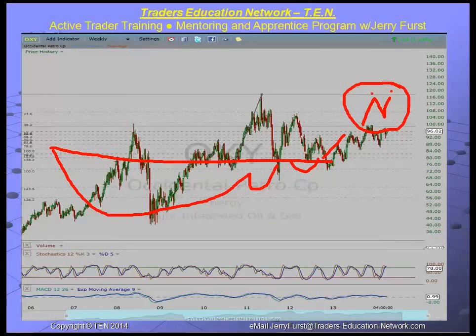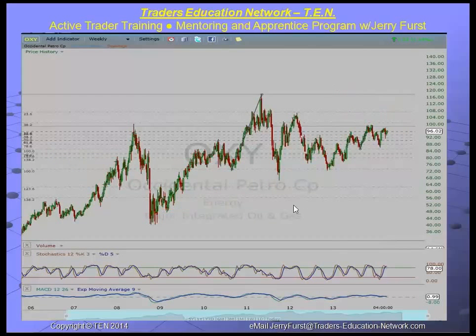How about Oxy? Let me go ahead and erase those lines. Once again, I'll draw these lines for you. Do we have a triangle pattern that has a beautiful supporting trend line going all the way back to here, and then another supporting line back here?